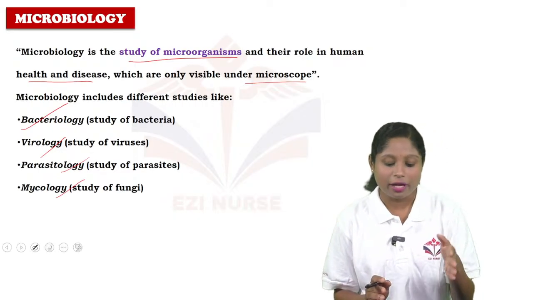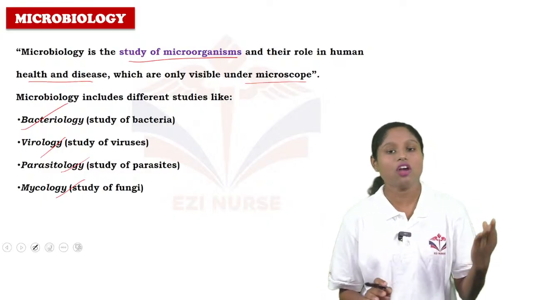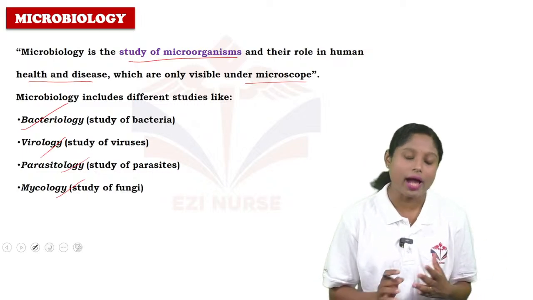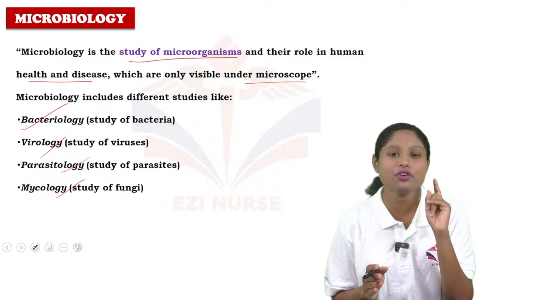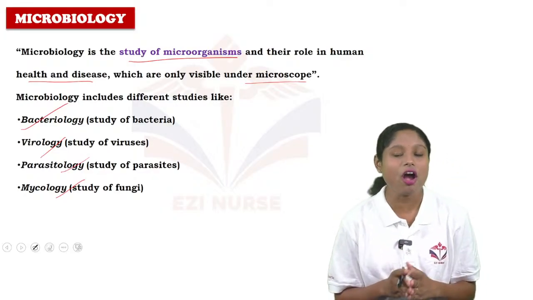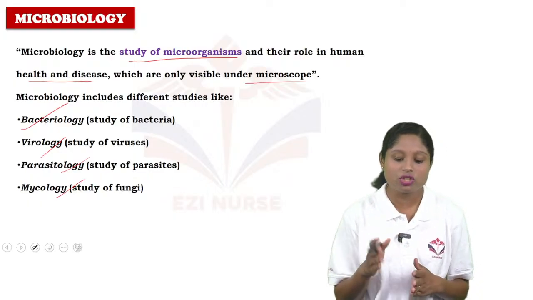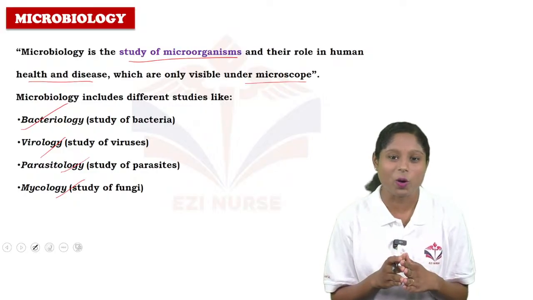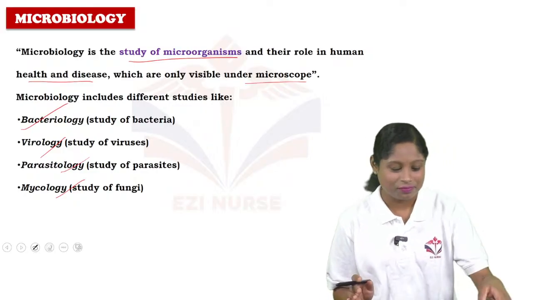So microbiology is divided into these subdivisions: bacteriology, virology, parasitology, and mycology. Once again, the definition, just to remember: microbiology is the study of microorganisms and their role in human health and disease, which are only visible under the microscope. Let's move on to the next question and next topic.